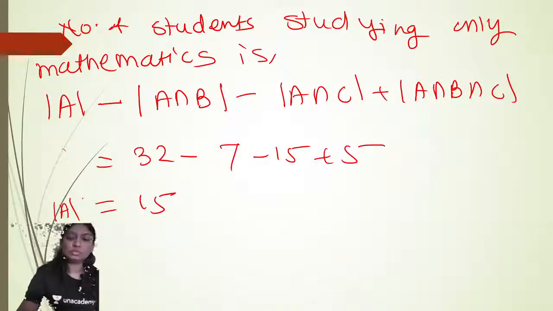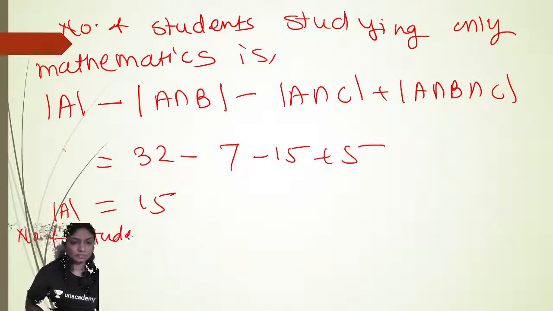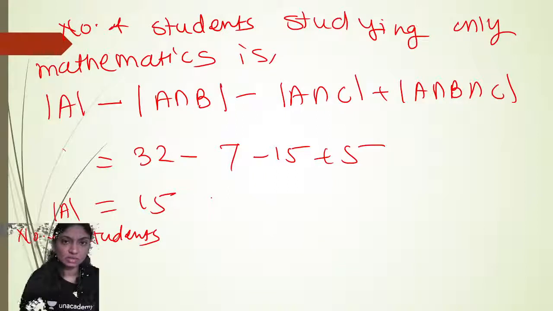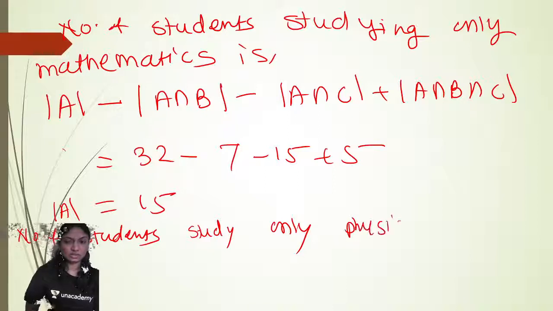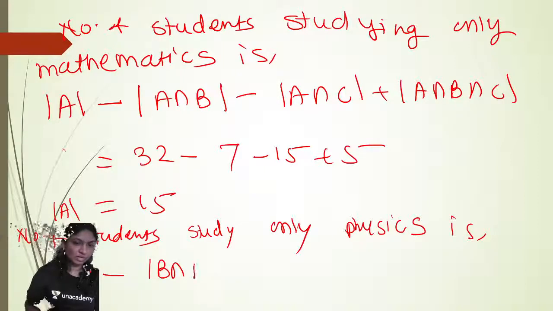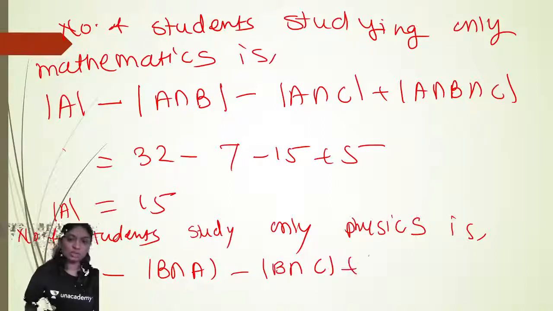So we can calculate the number of students who study only physics. It is cardinality of B minus cardinality of B intersection A minus cardinality of B intersection C plus cardinality of A intersection B intersection C, right?